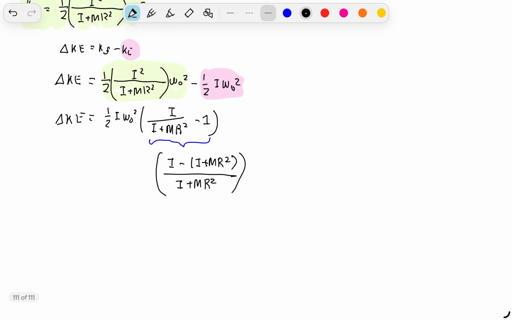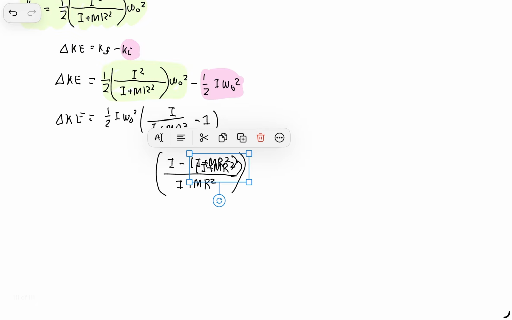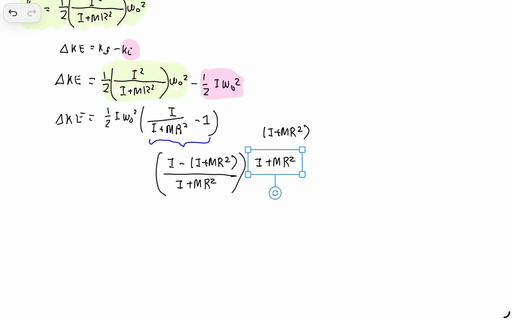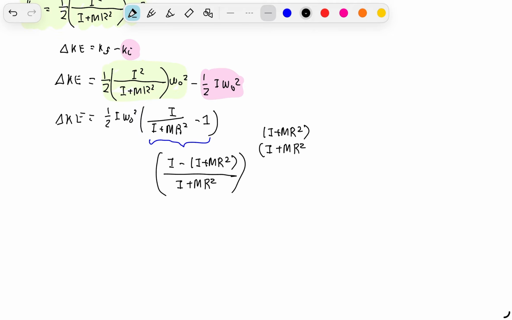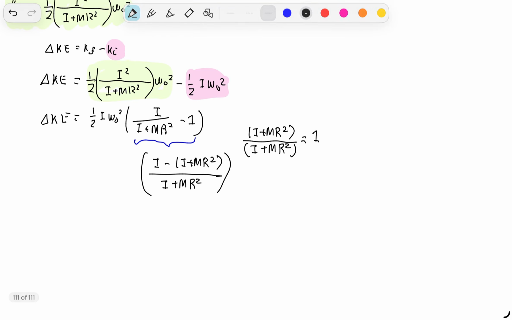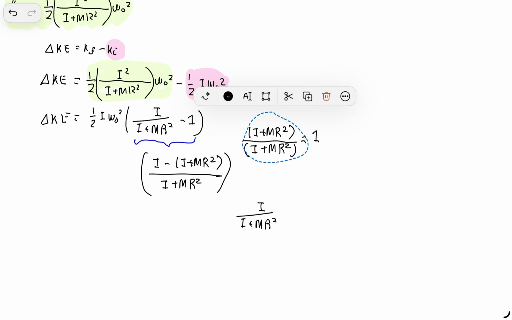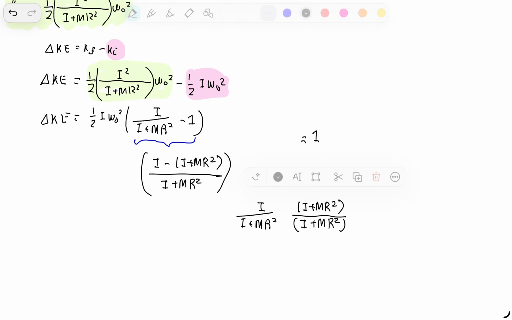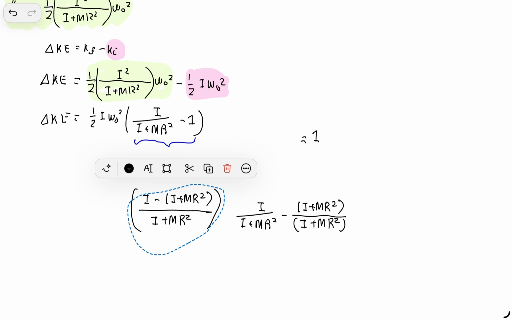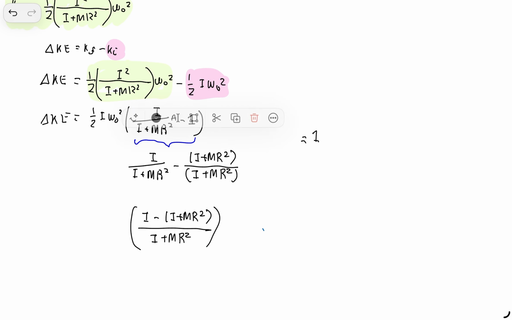That's because when you have 1, that's the same thing as writing anything over itself. So this is equal to 1, right? And then if you have 2 things with the same denominator, then you can combine the numerators, which is how we got this.